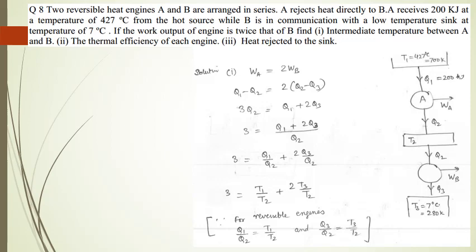And as for reversible engines, we can say Q1 upon Q2 is equal to T1 upon T2 and Q3 upon Q2 is equal to T3 upon T2. So substituting these values in the above equation, we get the expression of intermediate temperature T2 in terms of T1 and T3.